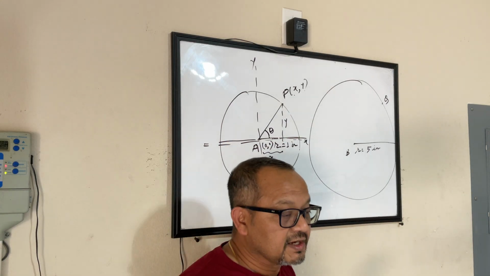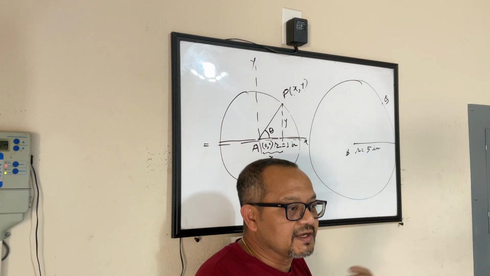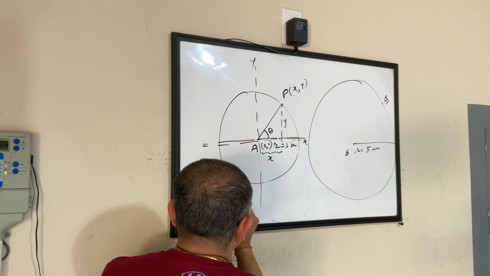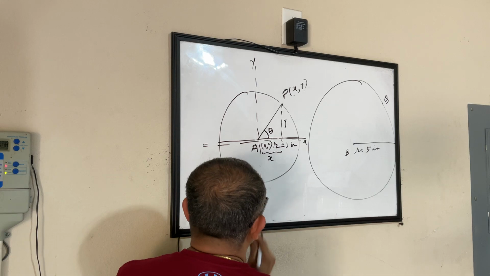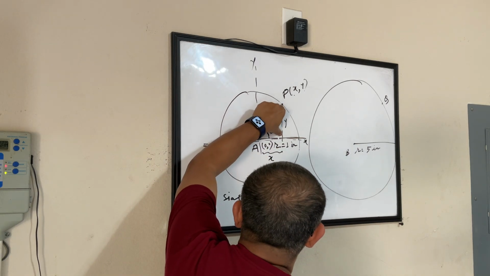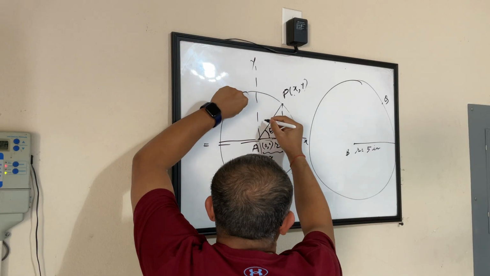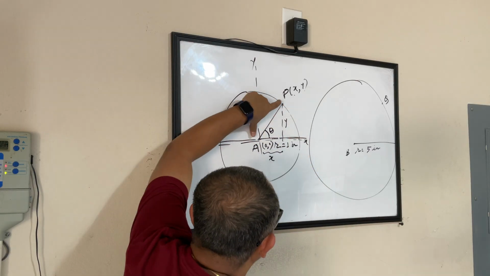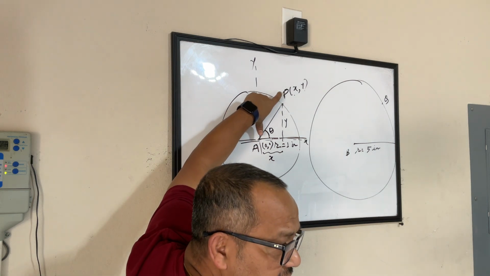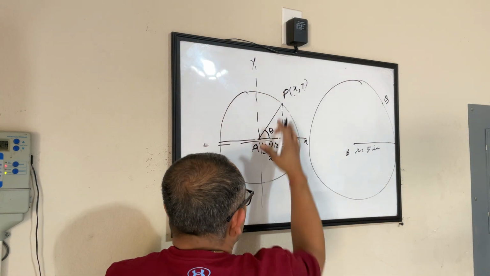Now if you recollect your understanding of the trigonometric ratios, what do we know? Sin theta equals what? If this is my theta, sin theta will be y by this. If this is 1 centimeter, 1 inch, how much will this be? This is also the radius, right? It will also be the same, 1.